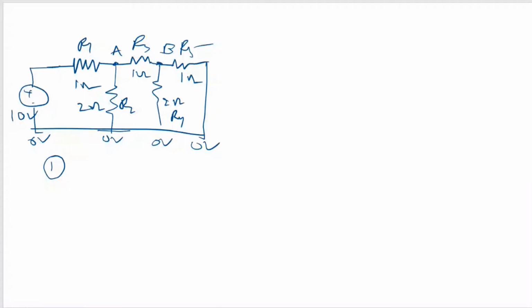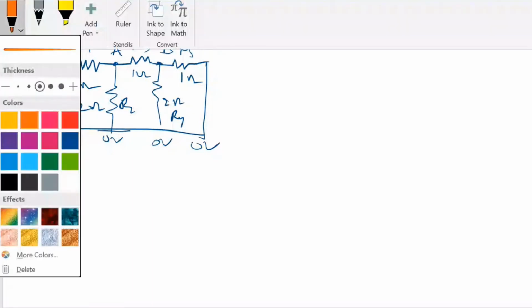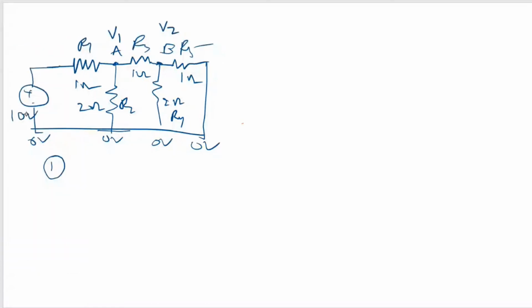I have assumed the voltages V1 and V2 at nodes A and B. Now let us write the equation at node A. V1 minus 10 divided by R1, plus V1 by R2, plus V1 minus V2 divided by R3.